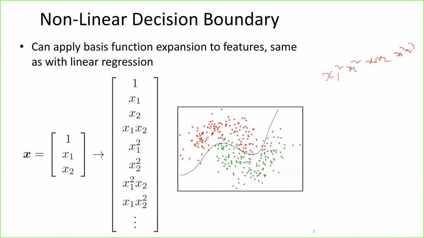Is it manually crafted features or is it going to be automatic? Manually crafted features, this one, mapped. You are applying some function. What kind of features you get depends on the function that you apply.